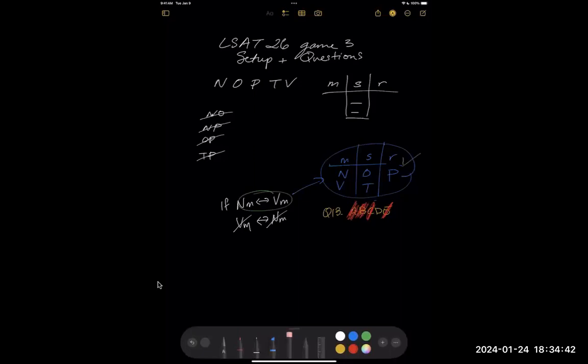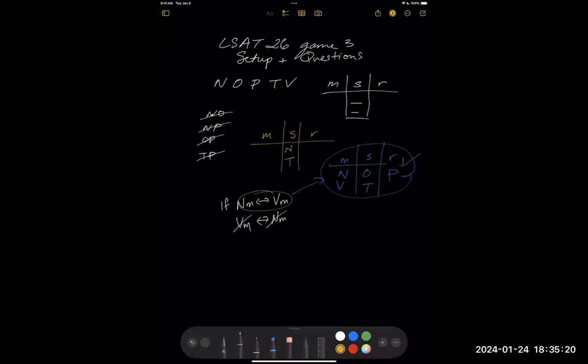Let's write that out in our format for the acceptable solution. So I have M, S, R, and for this one, soccer game, we have N and T going to the soccer game.